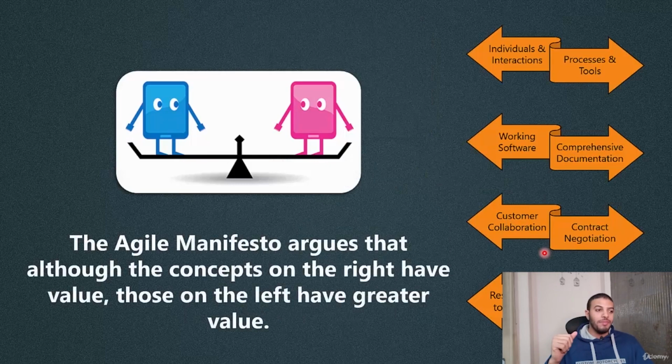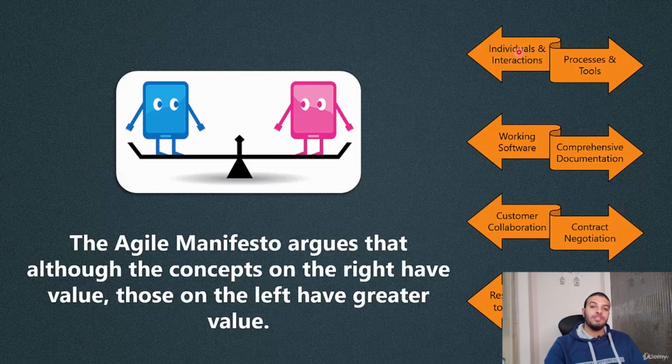So let's review them. Like we said, individuals and interactions over processes and tools, working software over comprehensive documentation, customer collaboration over contract negotiation, and responding to change over following a plan. So some of you might think, okay, we think that the things on the right hand are important.